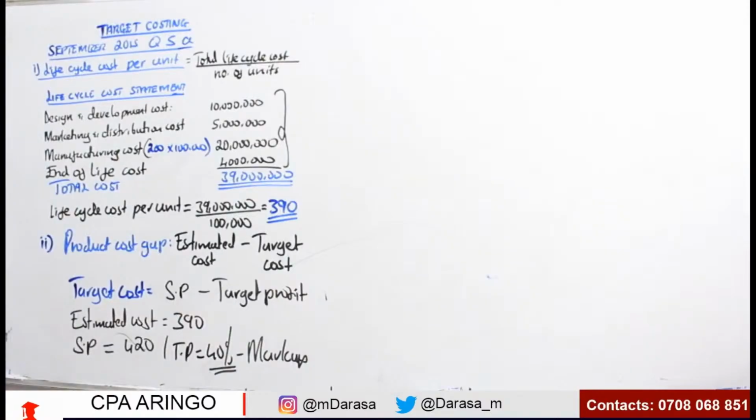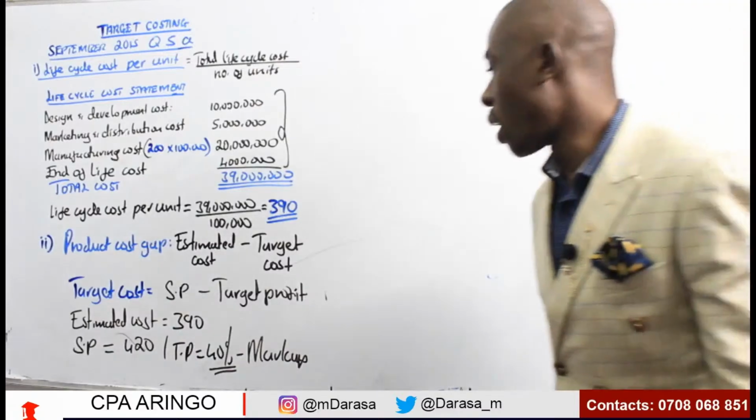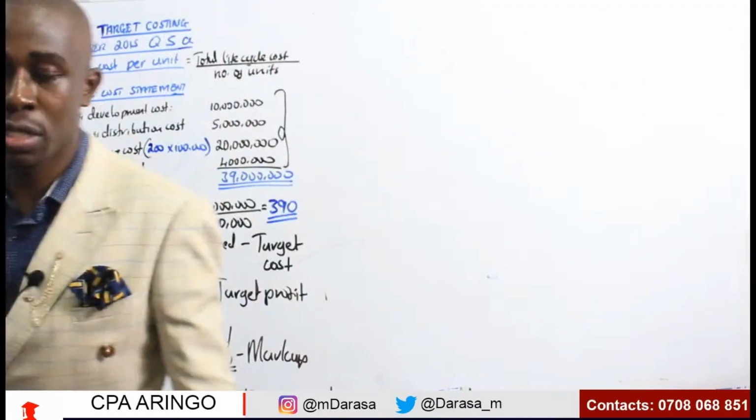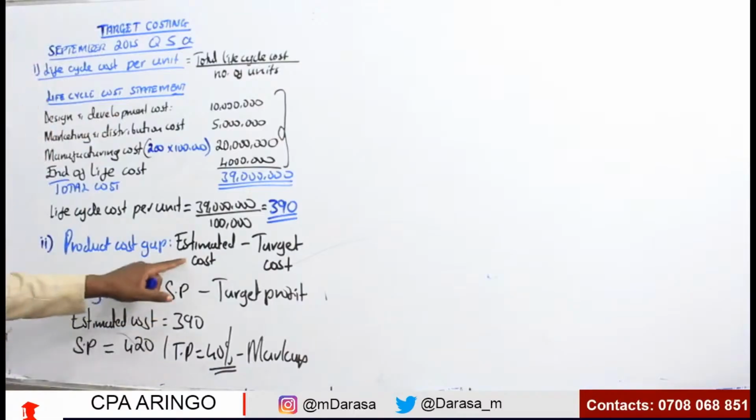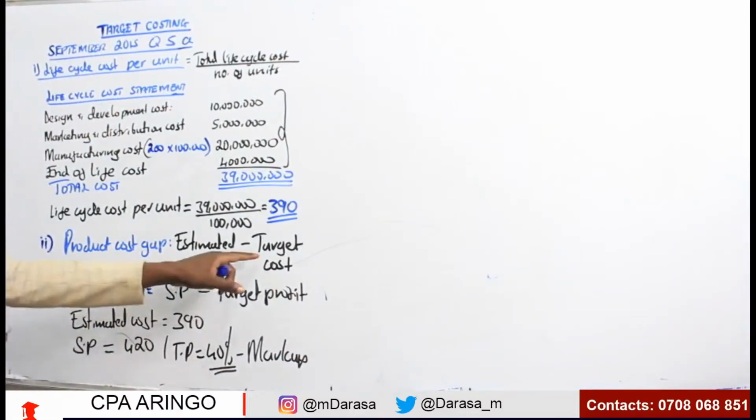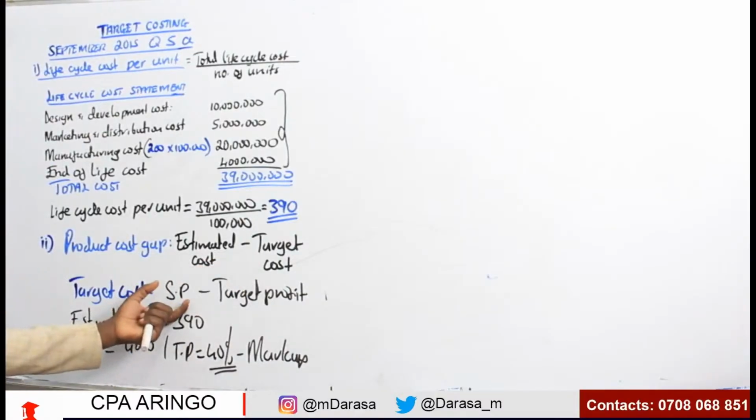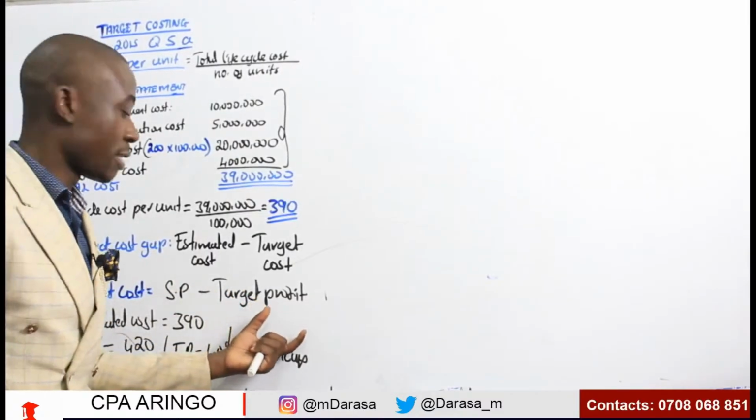Now it's upon us to work out our target cost, because I have the estimated cost, but I don't have the target cost. For us to determine the target cost, ideally I'll be talking of my selling price minus our target profit.